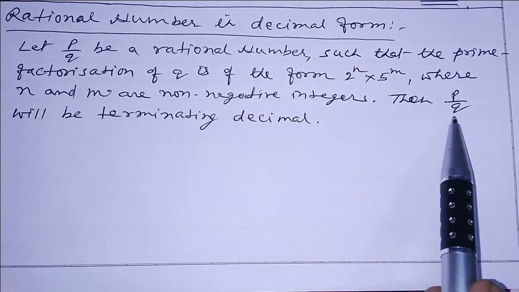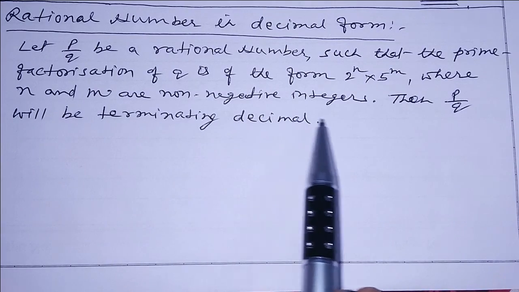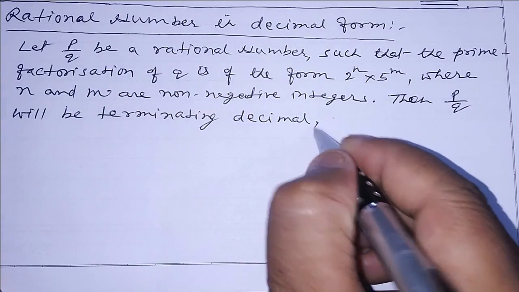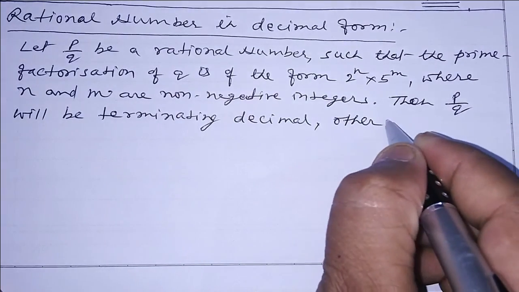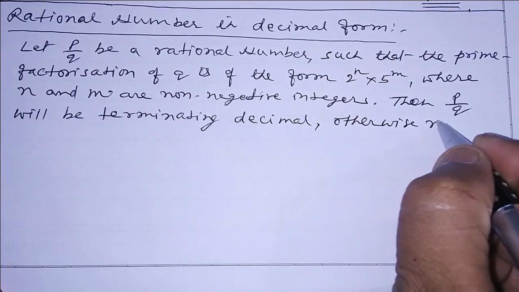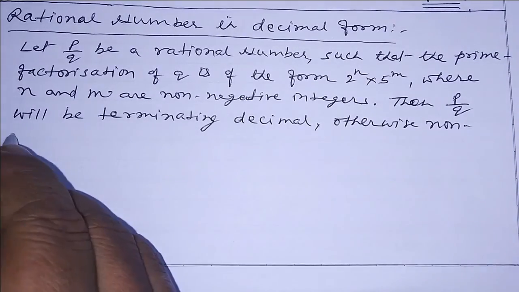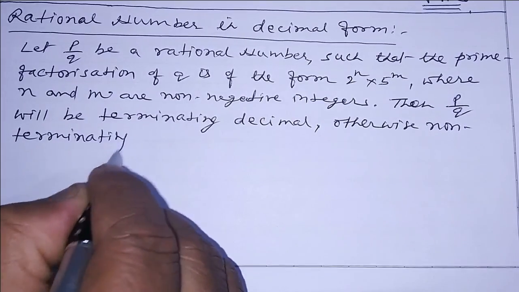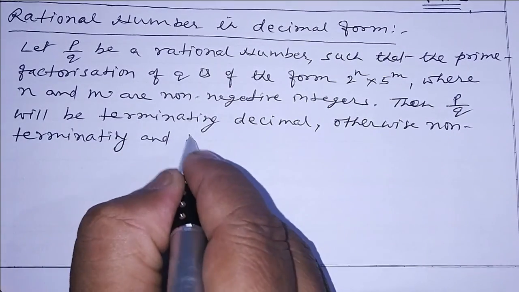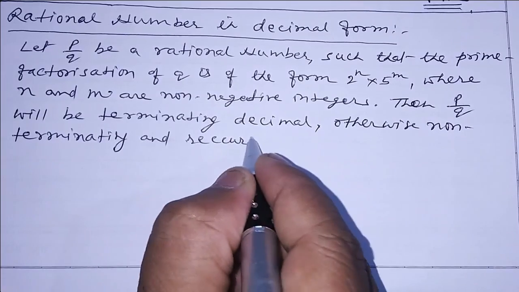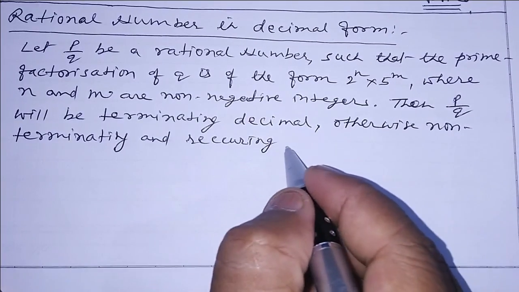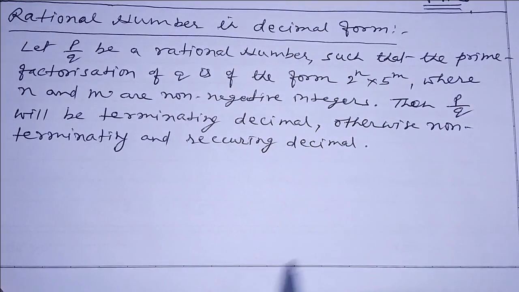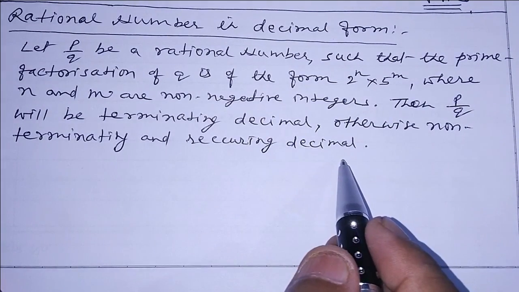Then p by q will be a terminating decimal, otherwise a non-terminating recurring decimal.